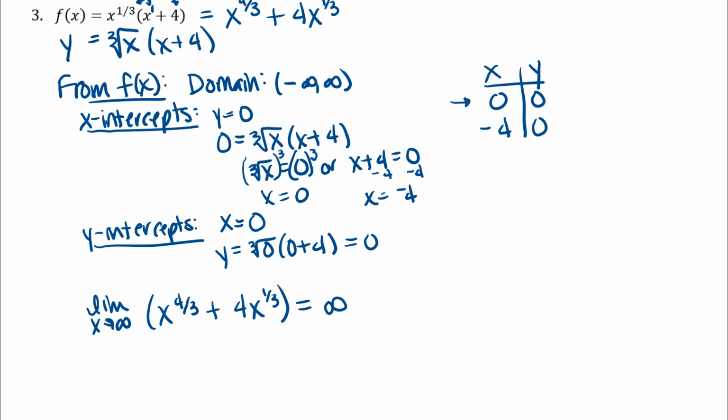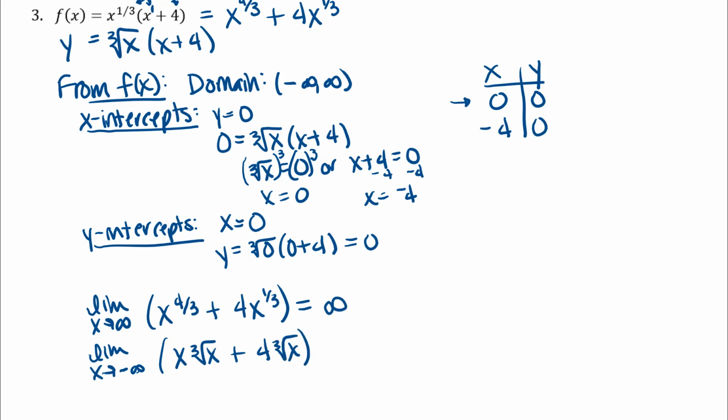When I let x approach negative infinity, it's a little bit more subtle, and there's some stuff to kind of think about here. So I'm going to write these roots as powers. So this first term here, x to the 4/3, I can think about that as cube root of x to the 4th. Or if I simplify that, I can think about that as x times cube root of x, and then 4 times cube root of x.